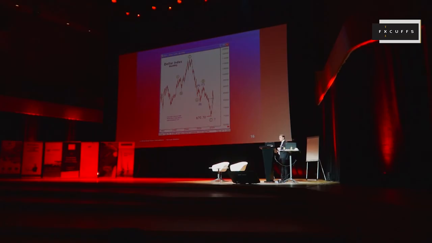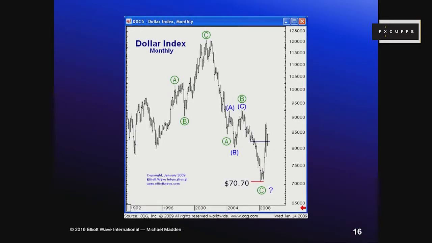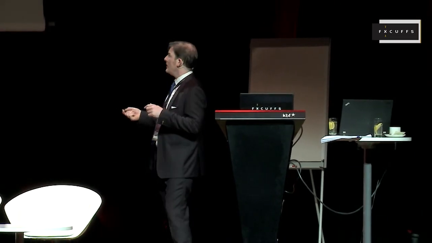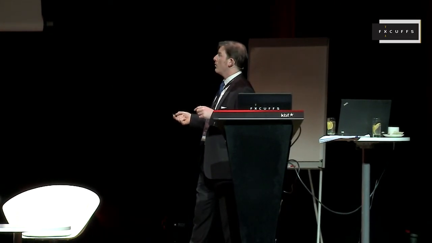But this was not enough to really have confidence in the idea that that's it, it's done. As you remember, we have 5 waves up and a 3-wave correction as our basic building model. So this low is quite important.